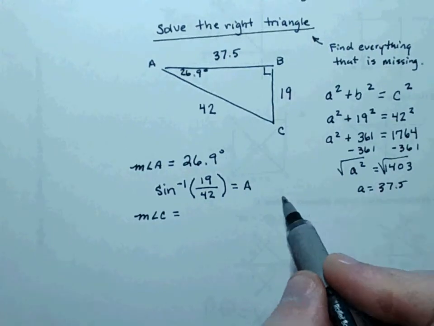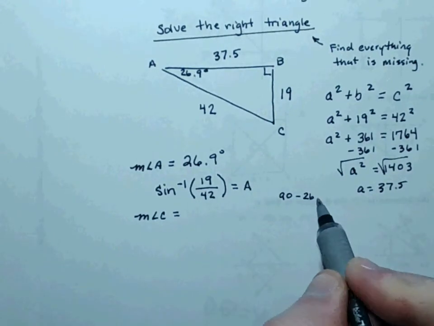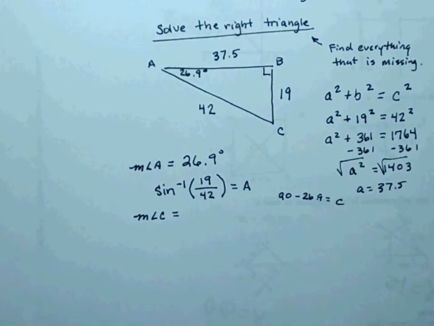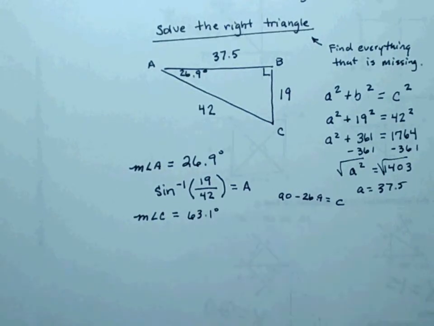So really all we have to do is say 90 minus 26.9, and that would give us 63.1 degrees. That's the right answer.